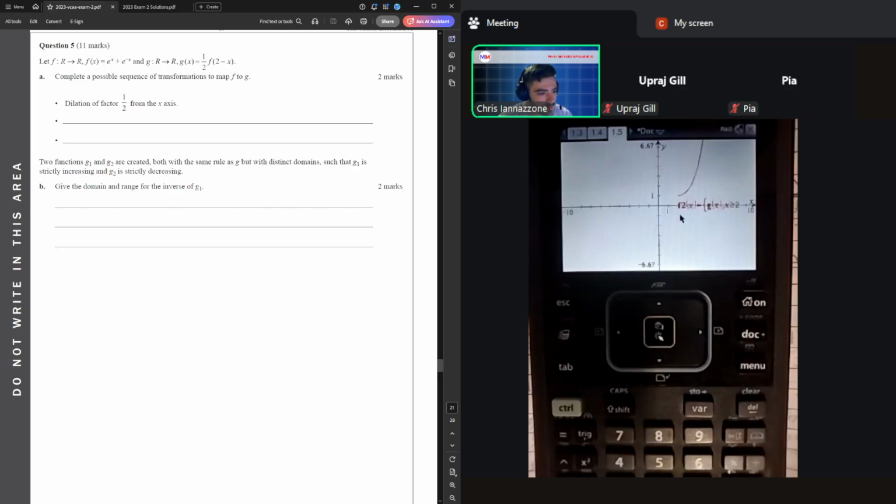Last up, we need the range of the inverse. Is the range 2 to infinity? 2 to infinity, yeah, correct. That's with my updated direction, making sure I was pointing at the increasing portion.